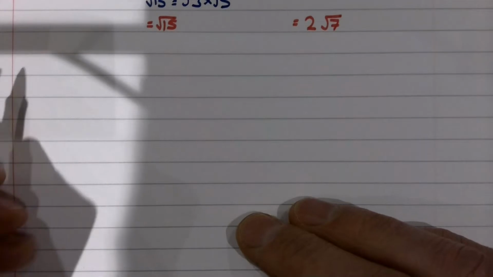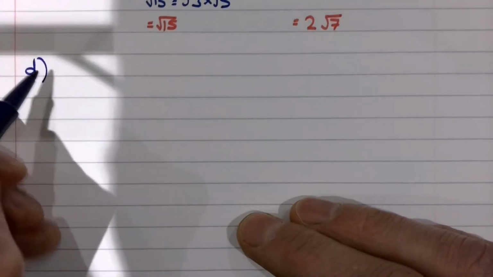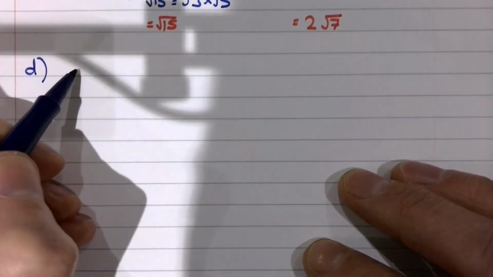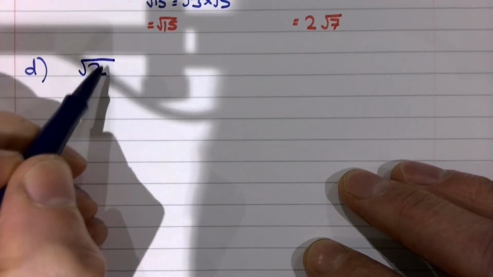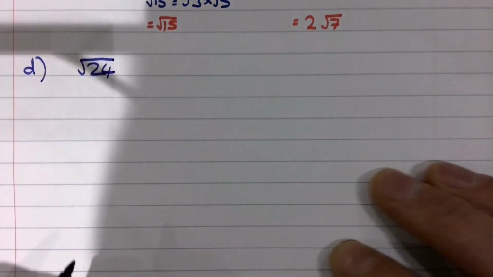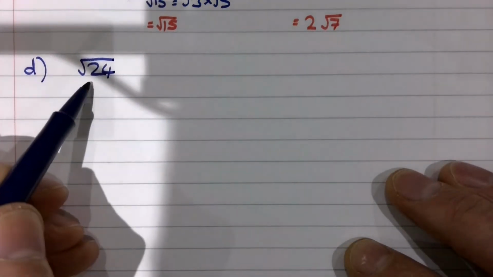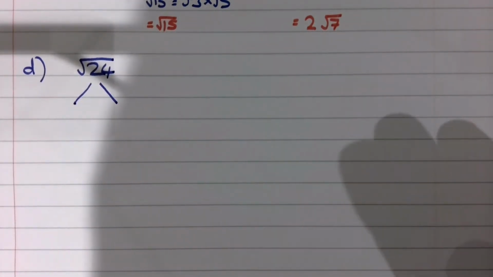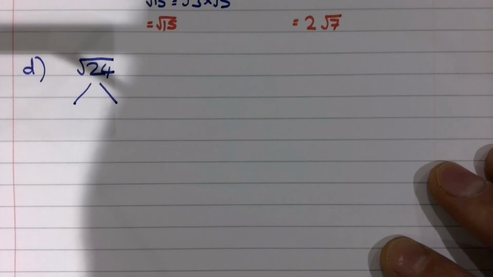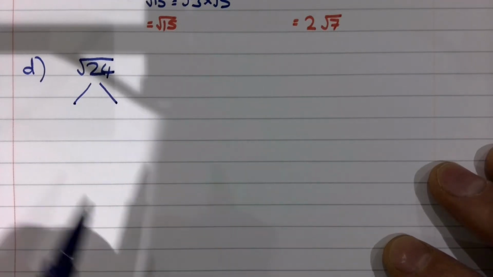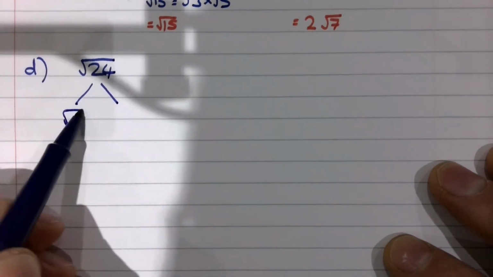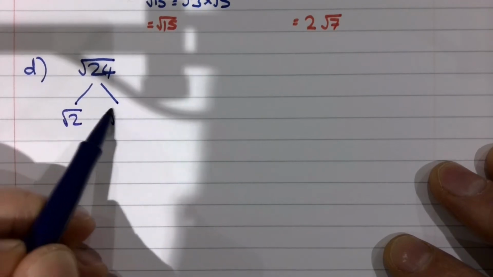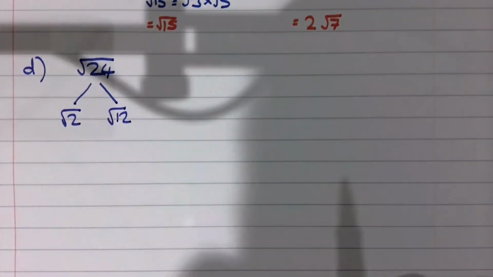So if we have a look at, say, example D, where we're going to do the square root of 24. What I want to do here is break this up, and there's more than one way to do this. I'm going to go a little bit around the long way here. So I'm going to break that up into a 2 and a 12.